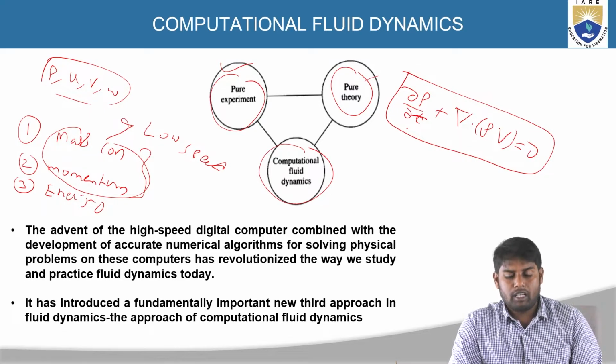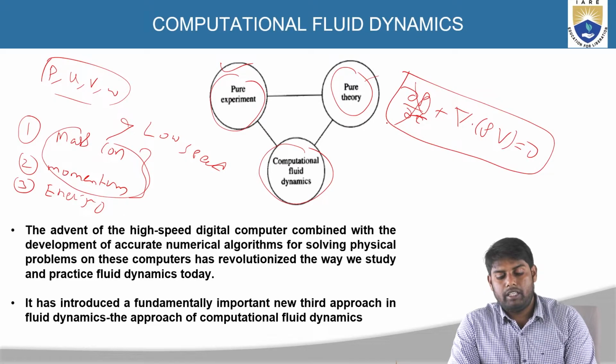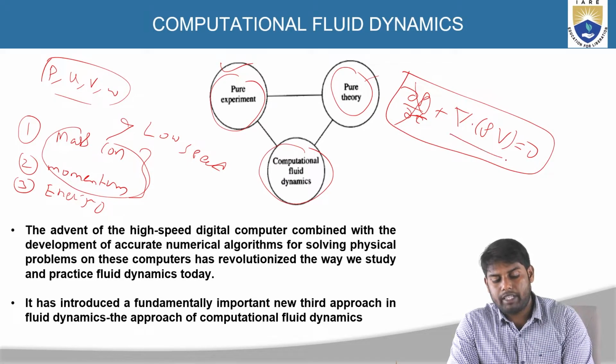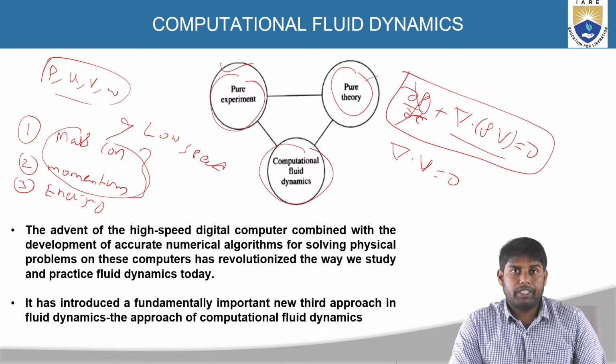So if the flow is incompressible, the density term here gets cancelled. Then the second term, which is the space derivative term, gives del dot v equal to 0. Okay, so this is called the divergence. This is the incompressible continuity equation. Fine.